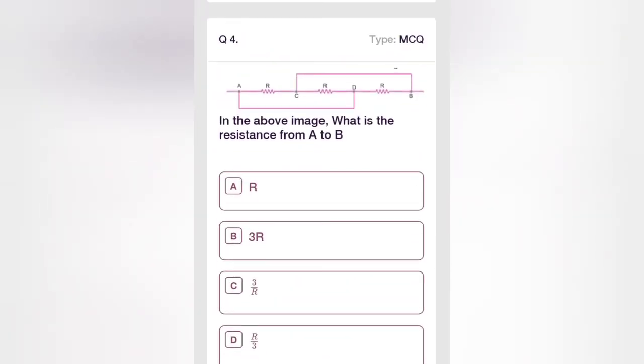Here you can find that the circuit seems to be very complicated. We can't take these three as series because there is a junction here, and we can't find the total resistance that way. So what we have to do is bring this resistance over here.